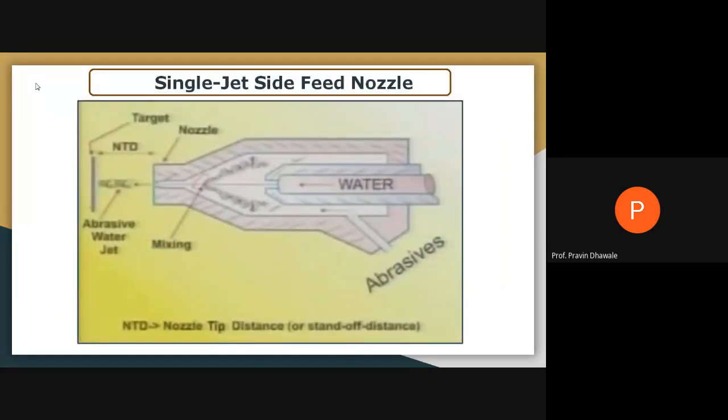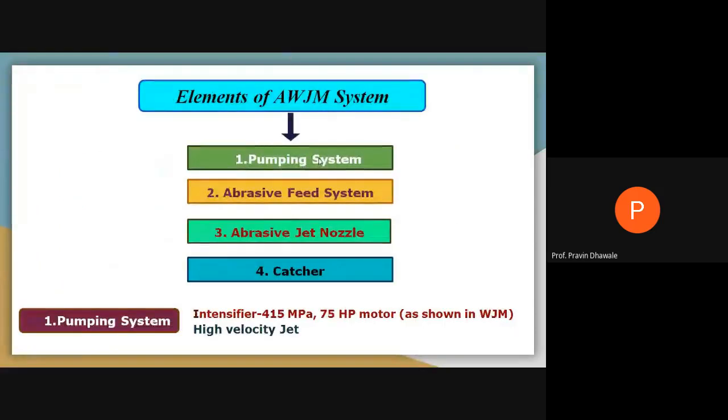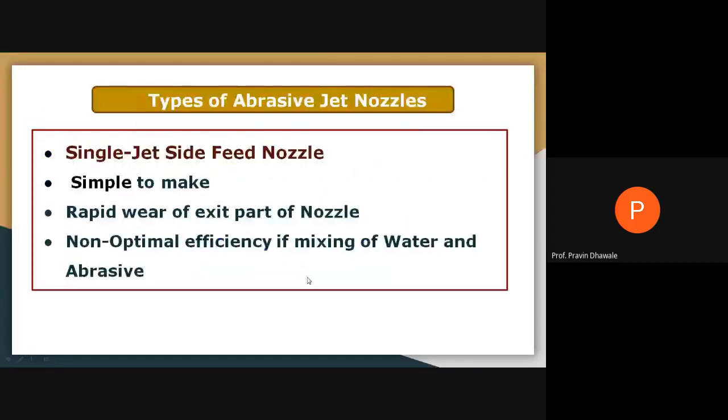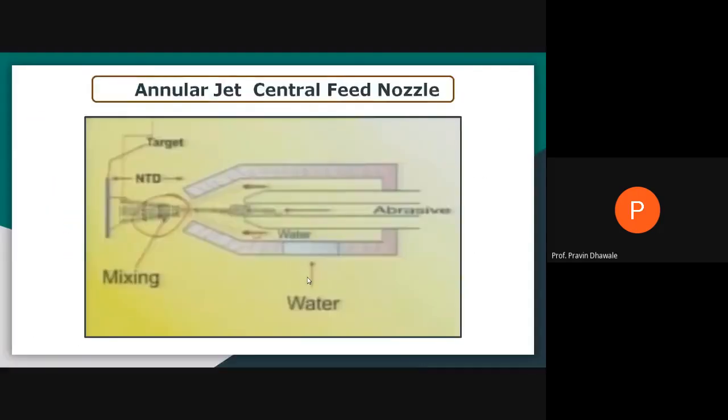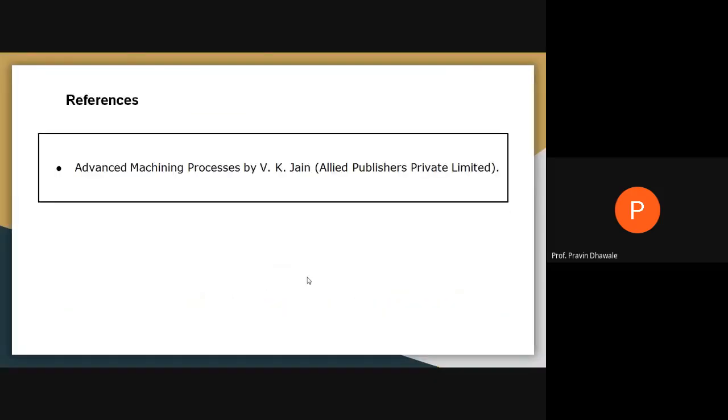We saw the different types of nozzle. In elements, we studied the pumping system, abrasive feed system, abrasive jet nozzle, and catcher. We studied each element in detail in the last lecture. Now, what is the catcher we have studied?